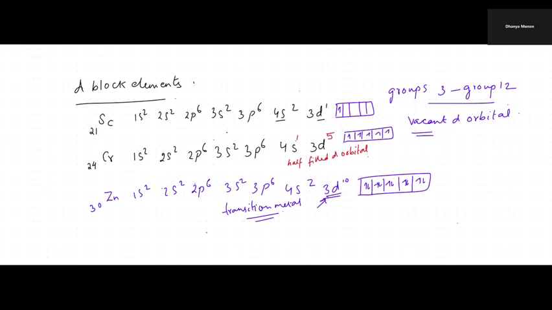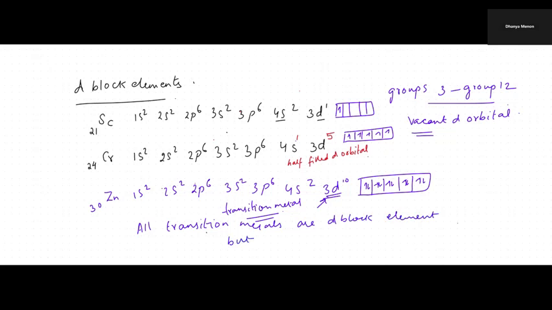So all transition metals are d block elements, but all d block elements are not transition metals.